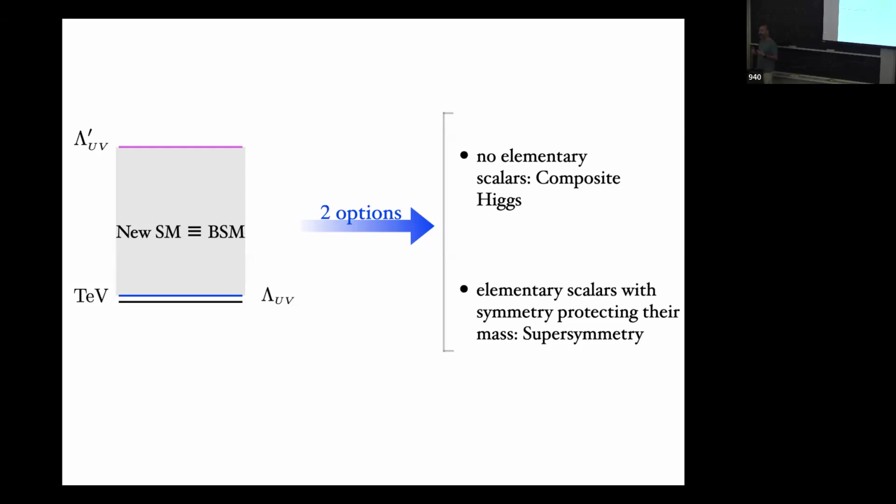But the structural closeness also implies that there must exist states that are just replicas of the ones we have seen, the electron, the W. There's a replica for each of the states we have seen.